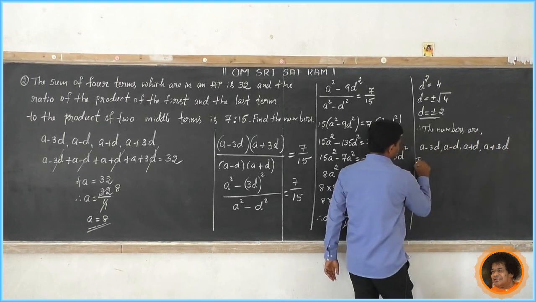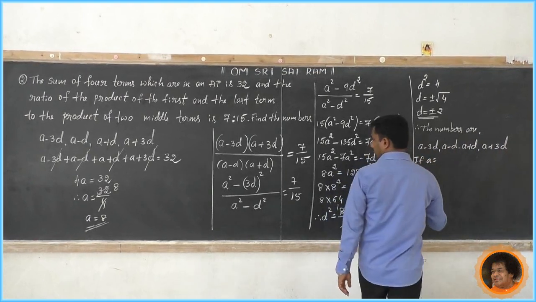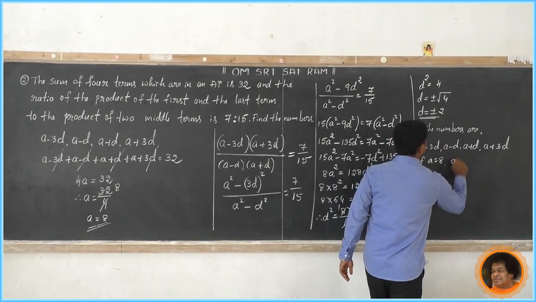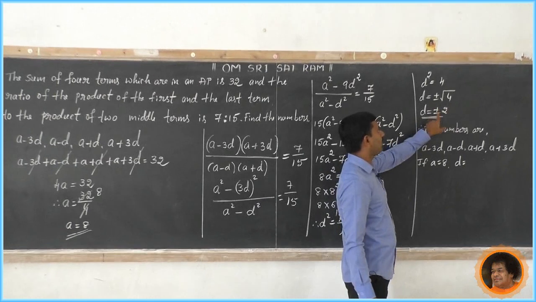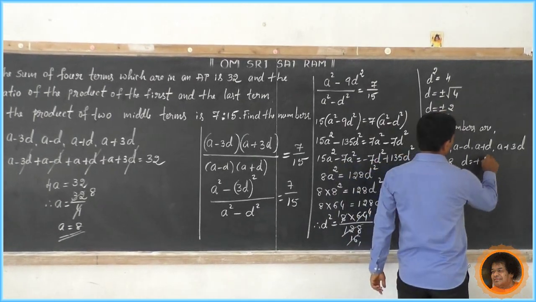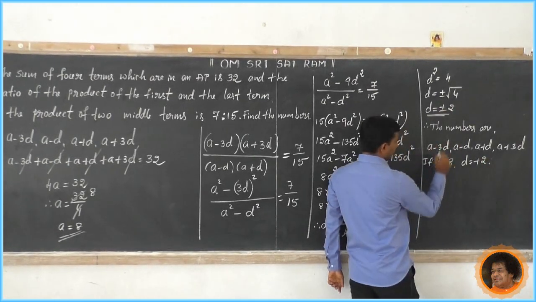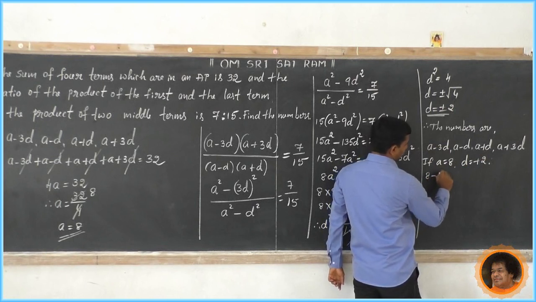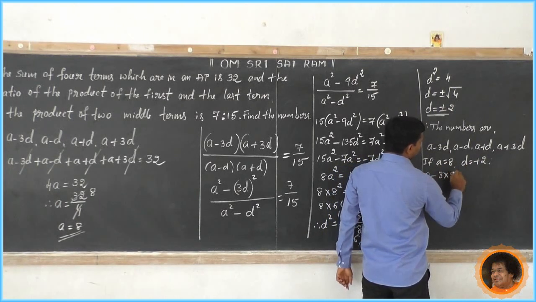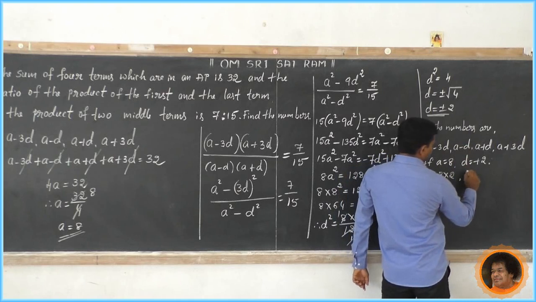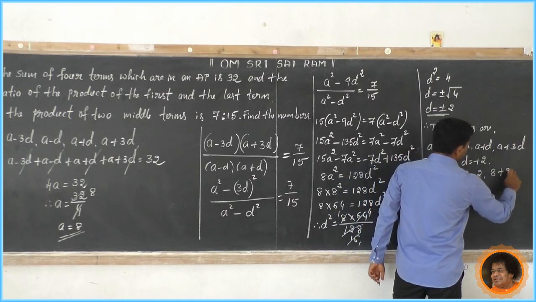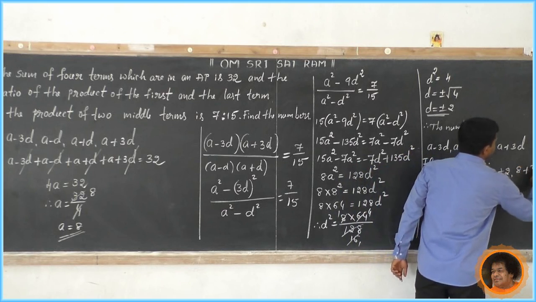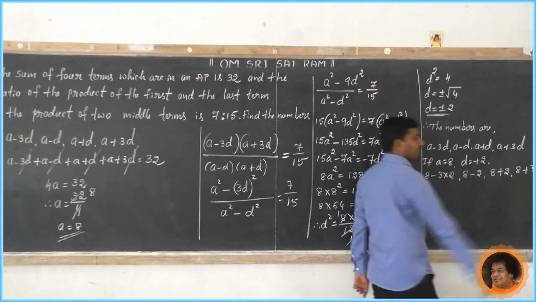First condition: a equals 8, and there are two possibilities, d equals plus 2 or d equals minus 2. So d equals plus 2. Now substitute: 8 minus 3 into 2, then 8 minus 2, next 8 plus 2, then 8 plus 3 into 2. So these are the four terms.